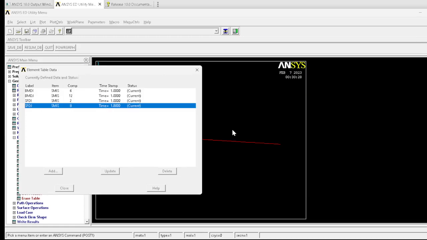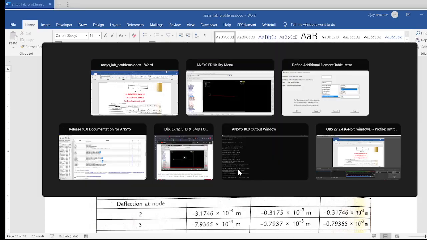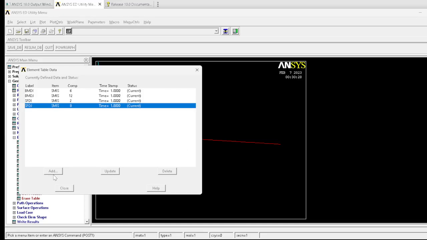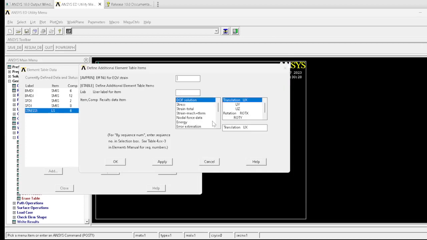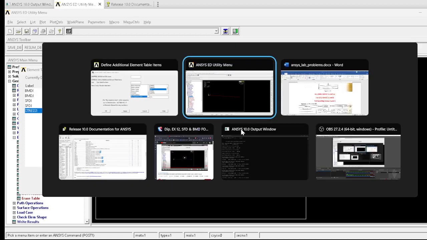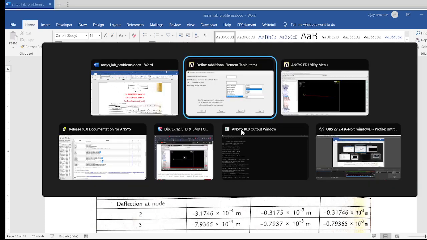So LS combination is 3 comma 6, apply. Then we take the sequence number LS comma 6 comma 3 comma 6.